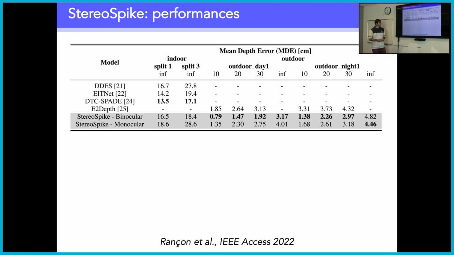Here, one important point is that StereoSpike is not the state-of-the-art, and probably there are much better approaches now, but even when we published it, it was almost at the level of the state-of-the-art, but a little bit lower, so there was another approach that led to better results.